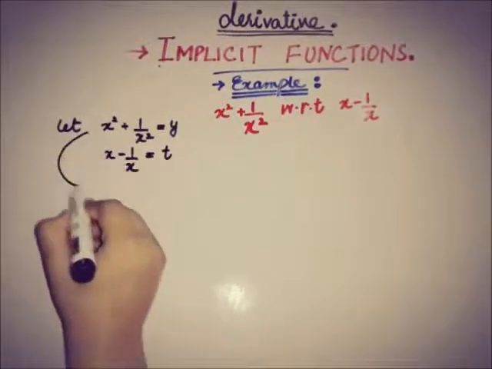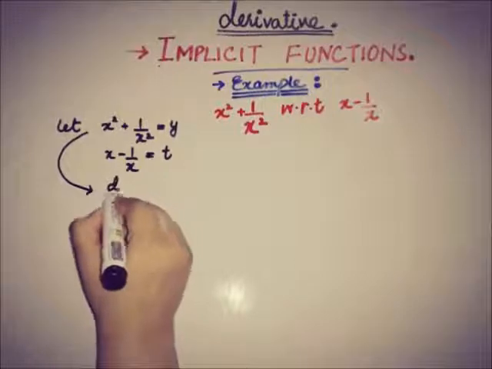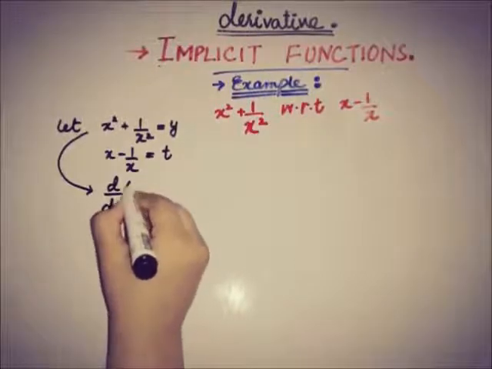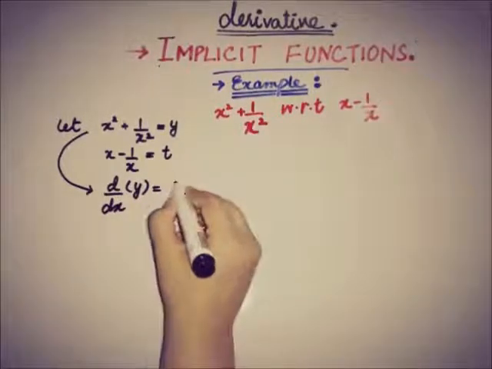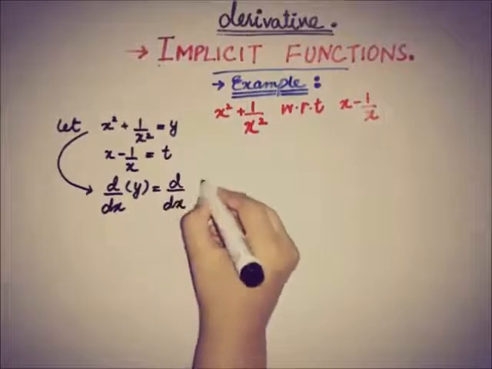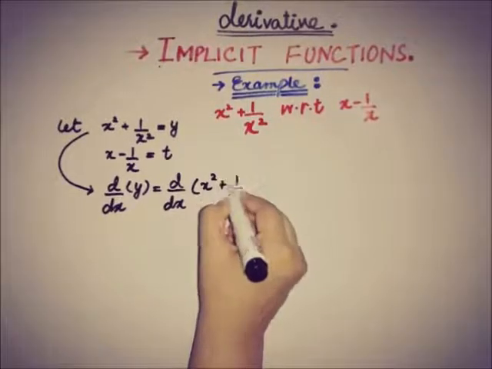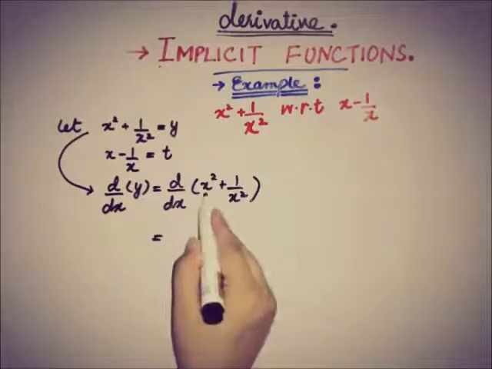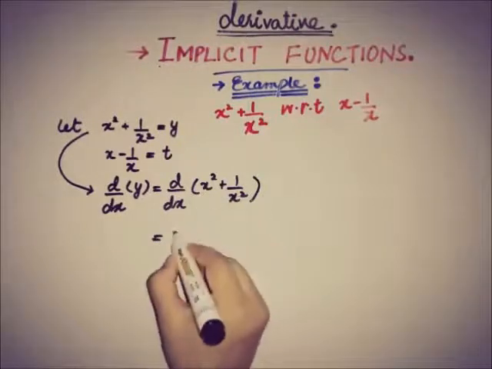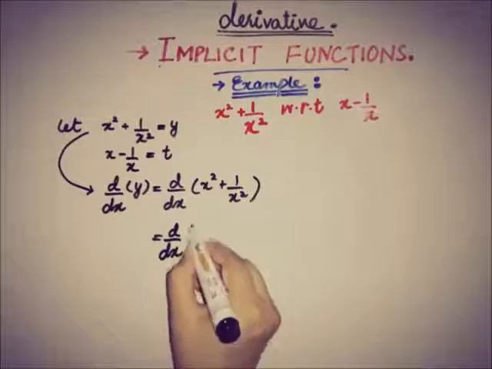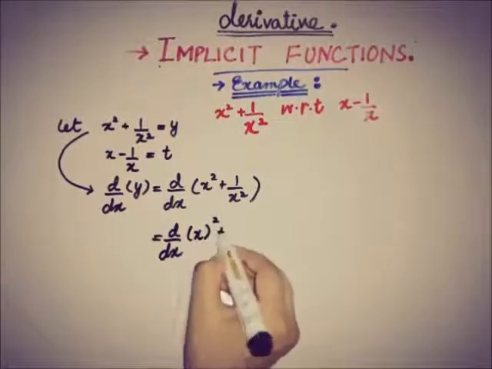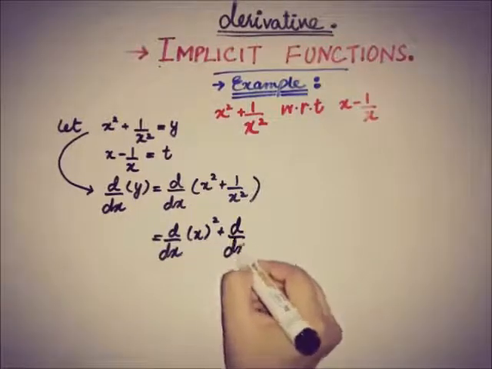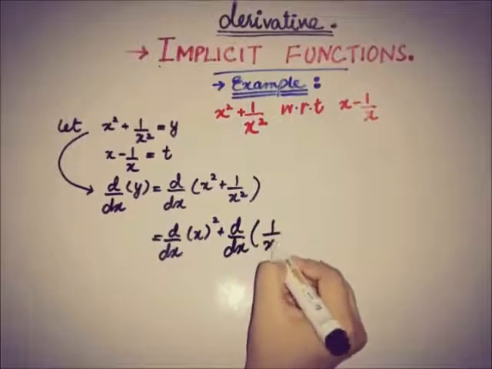So the first step is to find the rate of change of y with respect to x. That is x square plus 1 by x square. We will use the summation rule: rate of change of x square plus rate of change of 1 by x square.